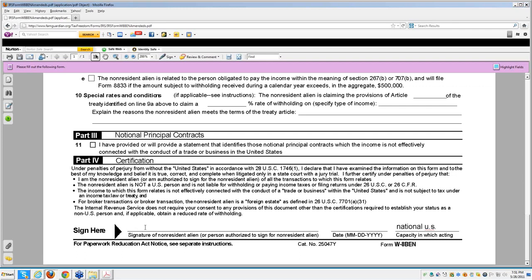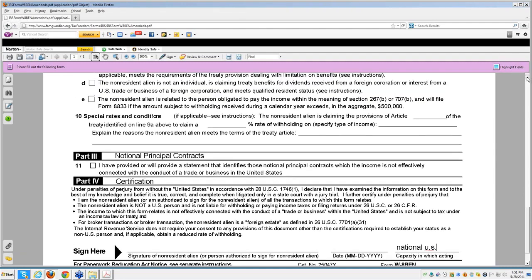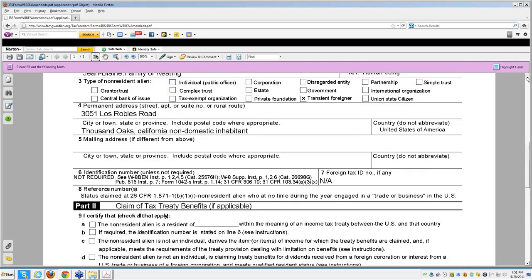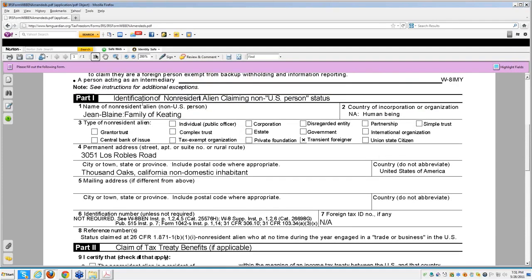Sign it in red ink, and sign it just like you got it up here. Jean-Blaine, family of Keating. You sign it down here, the way it is here.